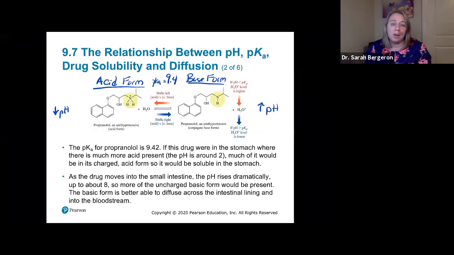So if we look at one example of a drug, this is a drug for high blood pressure. What we can see is that this drug has a pKa of 9.4. When the pH is lower than the pKa, more of the drug is going to be in the acid form.